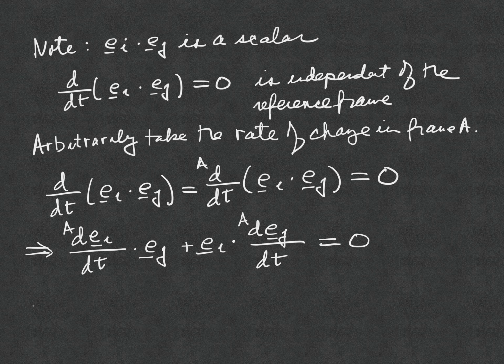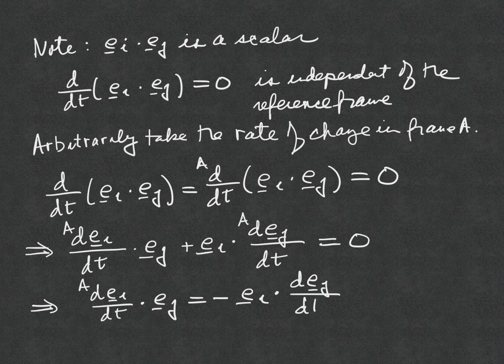Now this tells me that dEi/dt in A dotted with Ej is equal to minus Ei dotted with dEj/dt in A, which for completeness, because the dot product is commutative, is equal to minus dEj/dt in A dotted with Ei.